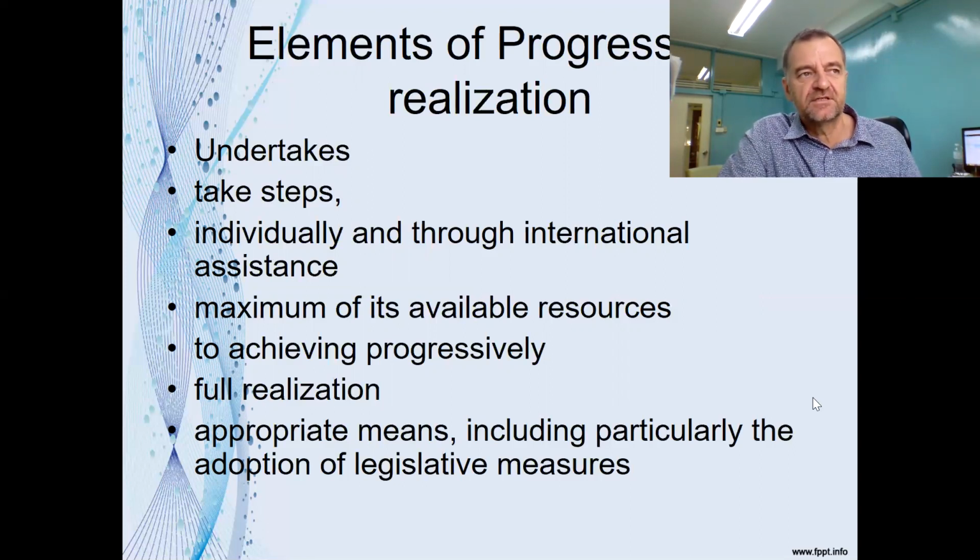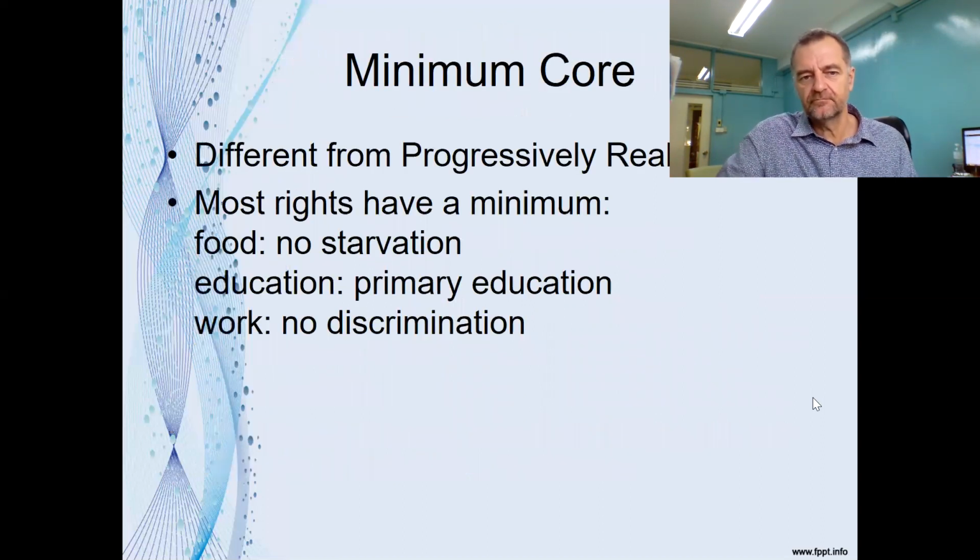And that's why states don't tend to get criticized too harshly on progressive realization unless there are very clear violations, say spending on military as opposed to spending on education, or refusing international assistance. Only where there are clear-cut cases are there criticisms of that.